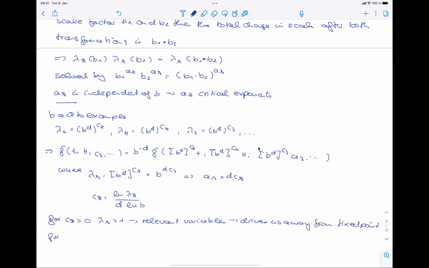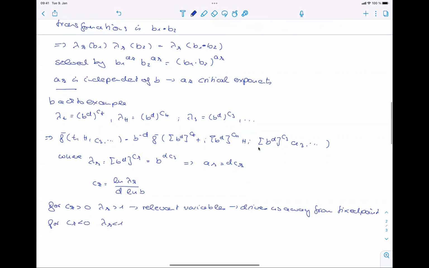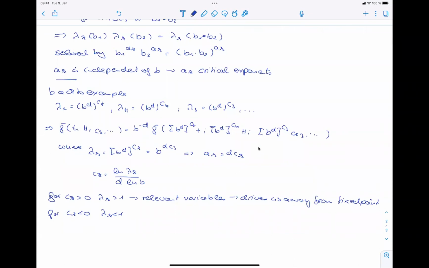And we have CK smaller than 0 if the eigenvalue is smaller than 1, and these are the irrelevant variables that are spanning the basin of attraction.